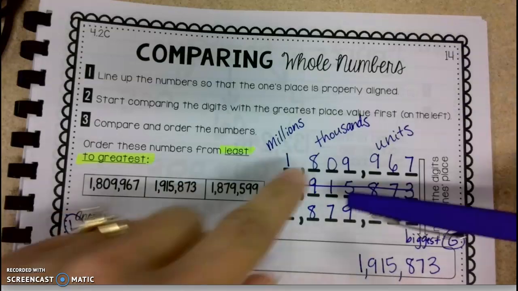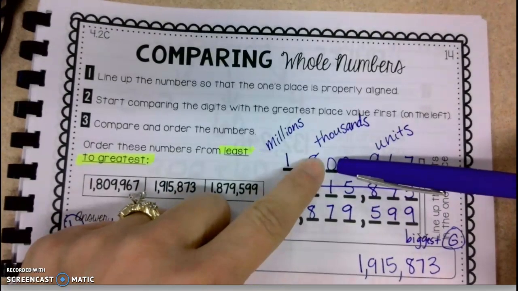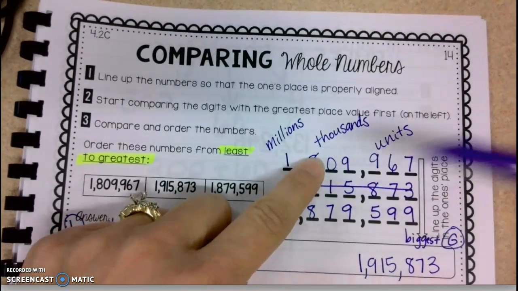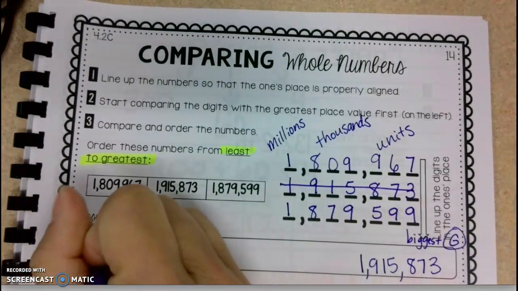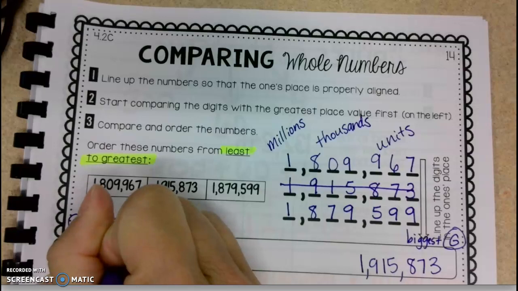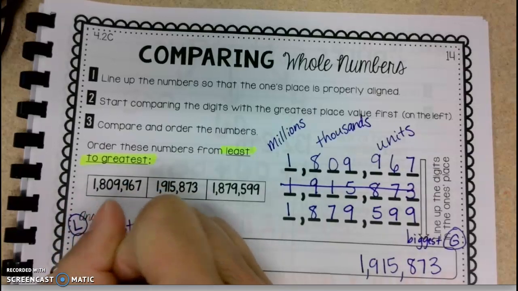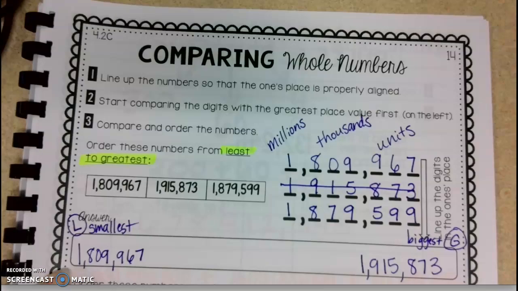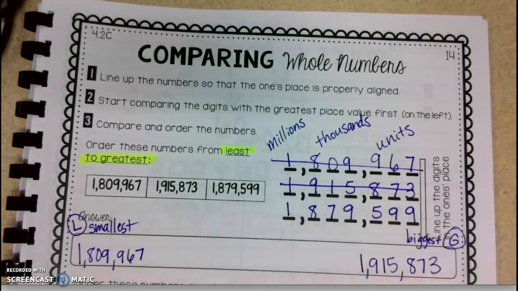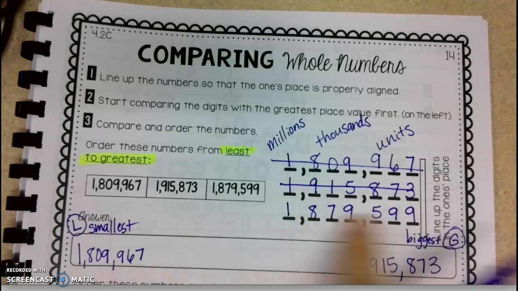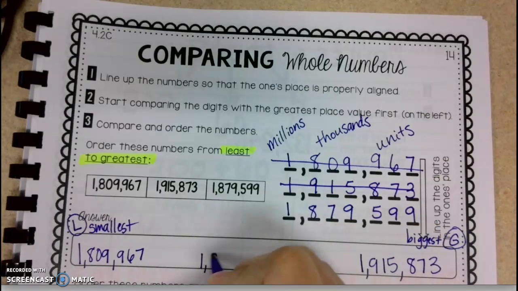What do we know about the number with the 0? It's the smaller one. So that means it has to be the least. So I can write it on the left as my first number in my order from least to greatest. And then I'm going to mark it off because I've already used it. And that means this number has to go where? In the middle.